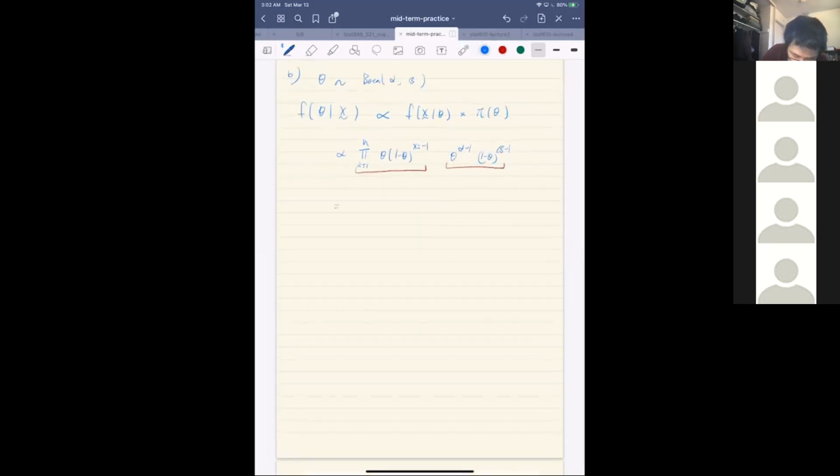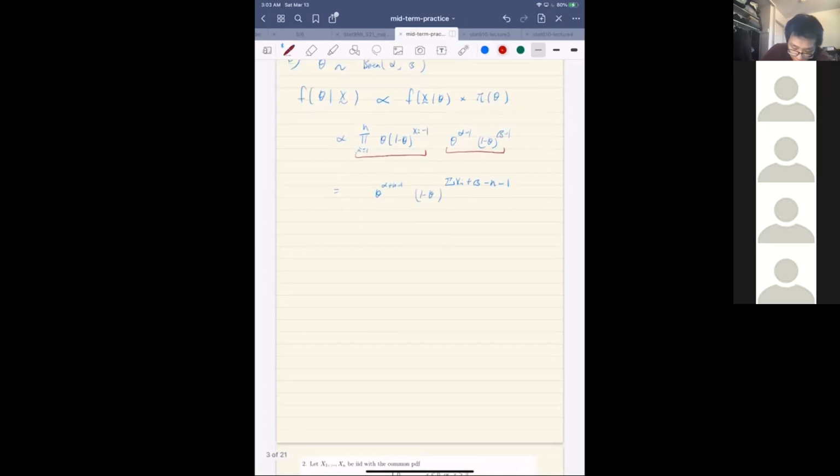Then you can calculate this. It will be theta to the alpha plus n minus 1, times (1 minus theta) to the summation of xi plus beta minus n minus 1. Then from this, we can figure out it should be a beta distribution with parameters alpha plus n and the summation of xi plus beta minus n.